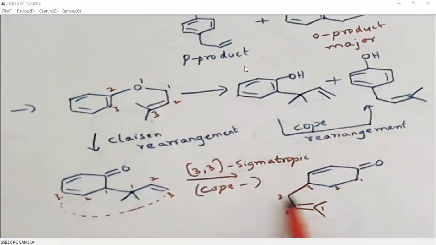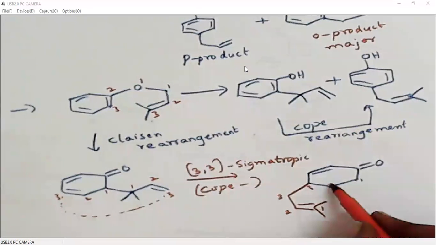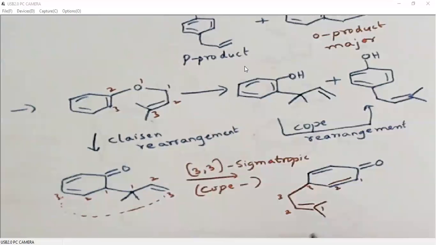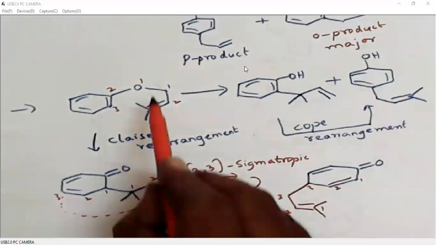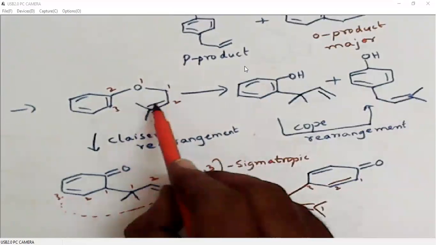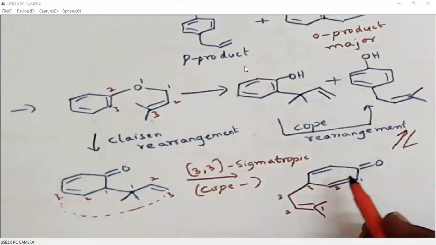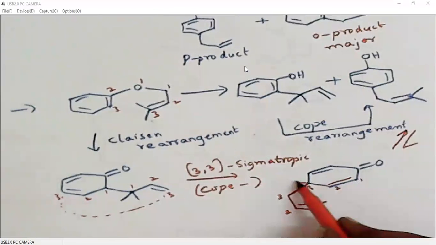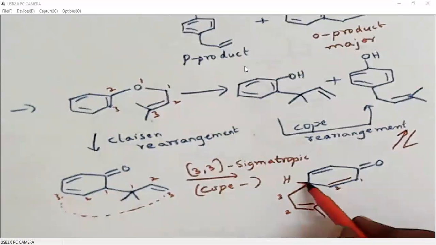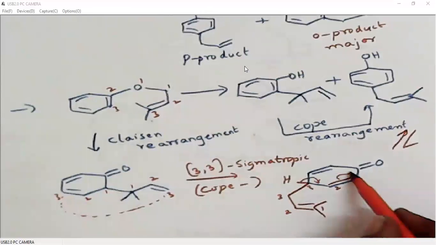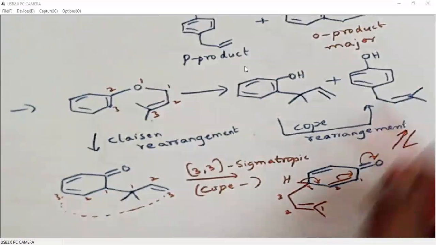It means when you want to write the para product, you don't need to worry at all. You just break this bond and keep all this molecule moiety at the para position. So this undergoes tautomerization, the hydrogen here, to generate again the phenol product. This one.